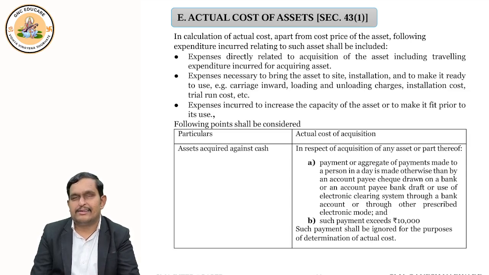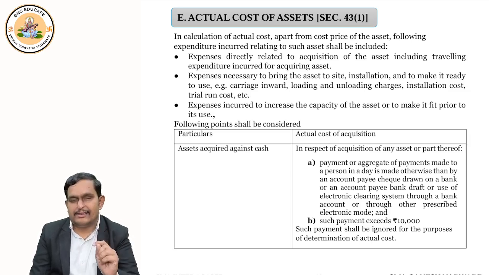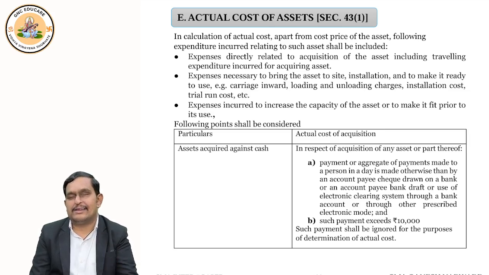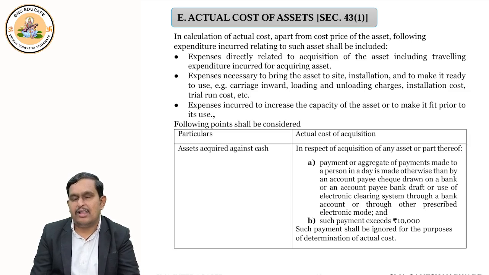So actual cost of the asset is the purchase price plus the traveling expenditure plus the loading unloading expenditure plus the increased capacity expenditure. That all becomes the actual cost of the asset.